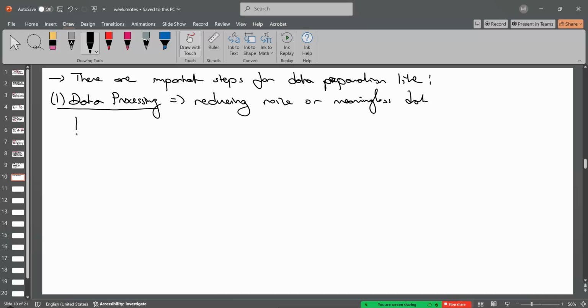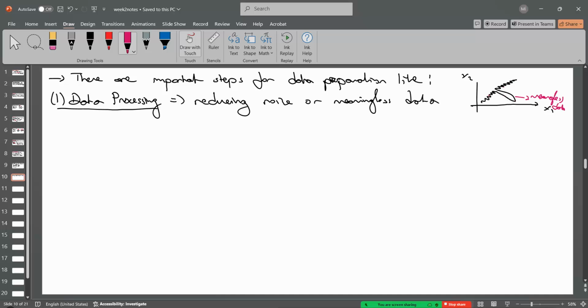For example, if we have these data sets, just like this one, this is the x1 and this is the x3, and our model generates meaningless data here because it's quite unorthodox, so we need to remove it.